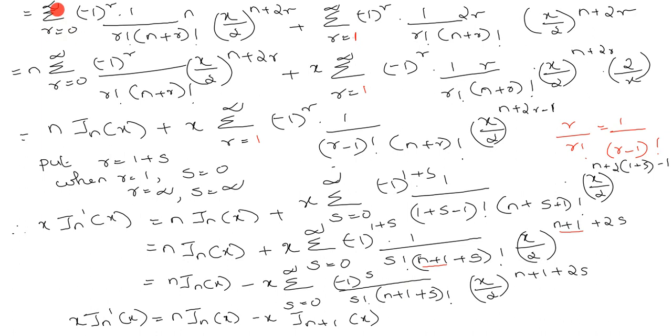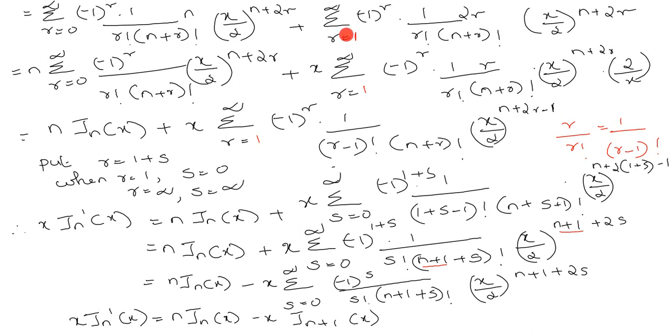Which is the next equation, which is sigma r = 0 to infinity, (−1)^r into 1 by r factorial into (n + r) factorial. That n is written here, n into (x/2)^(n+2r), plus sigma r = 1 to infinity.